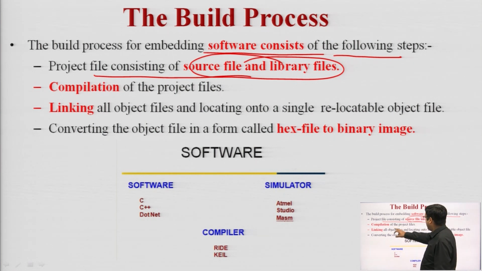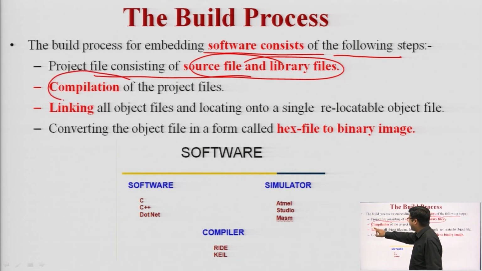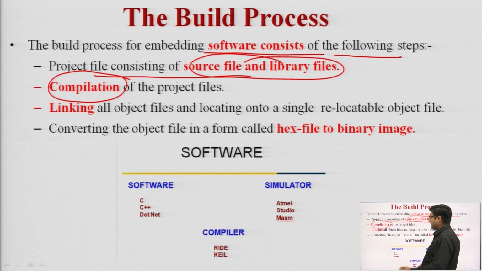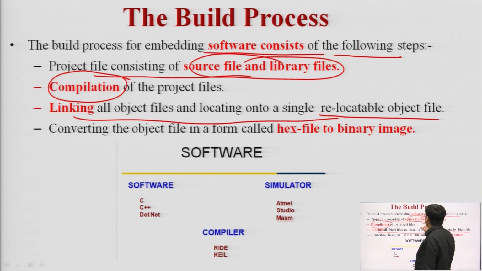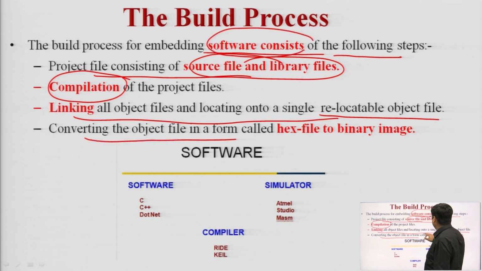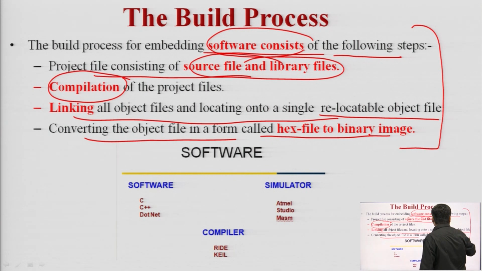Compilation of the project files, how to compile the files, what library files we can use in any particular application. Linking of all the object files into a single relocatable object file is also a main feature for software. Converting the object file into a hex file, a binary image. All these operations can be carried out by the embedded system. So these are also constraints while designing any embedded system.